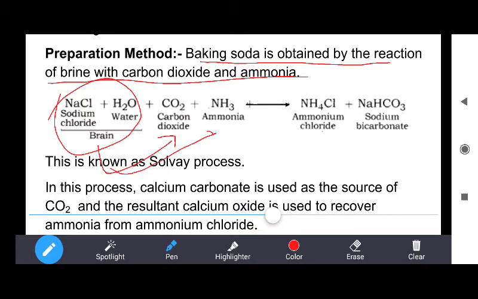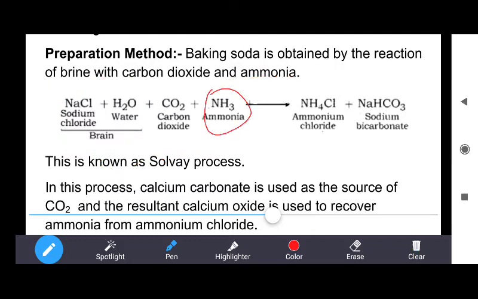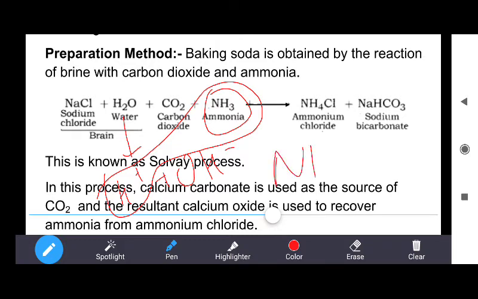Ammonia reacts with the H ion of water, as water has H+ and OH- ions. Then the H+ ion and ammonia combine to form NH4+, and Cl- of NaCl combines with this radical to form NH4Cl.